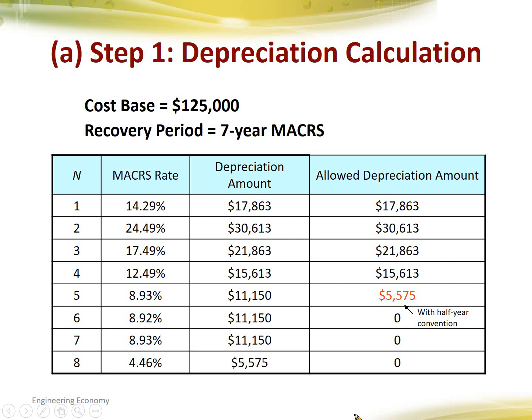If you go back, you will see that at this point, if we consider using MACRS, the depreciation amount will be lower than 8.93. So we switch to straight line or linear depreciation, with the remaining depreciation and remaining years, so we use that percentage divided by 3.5.